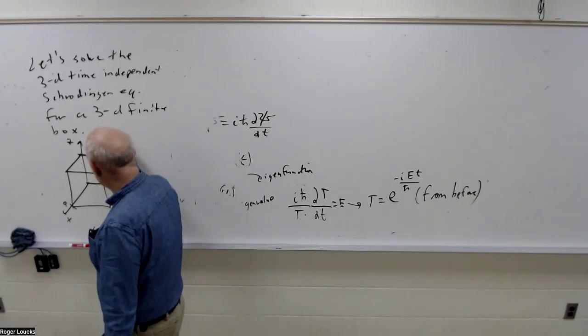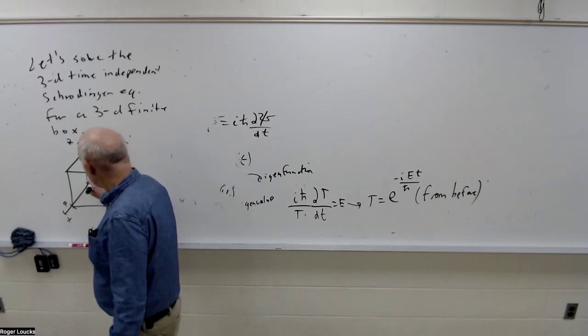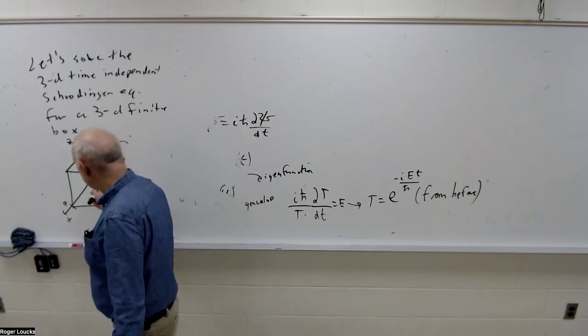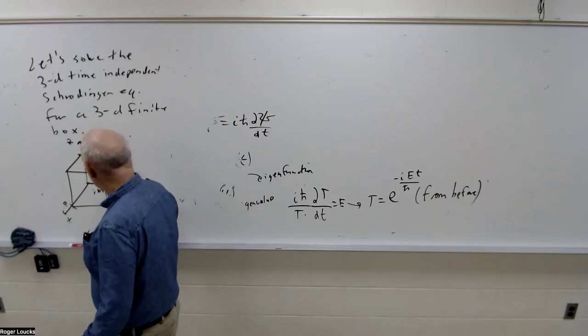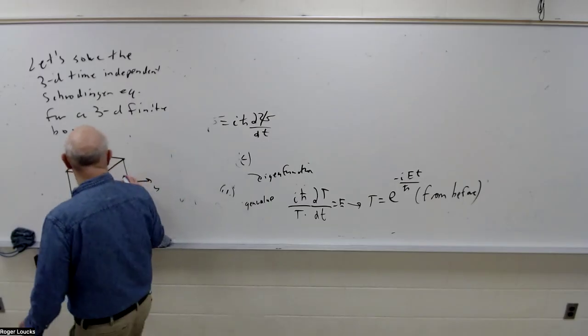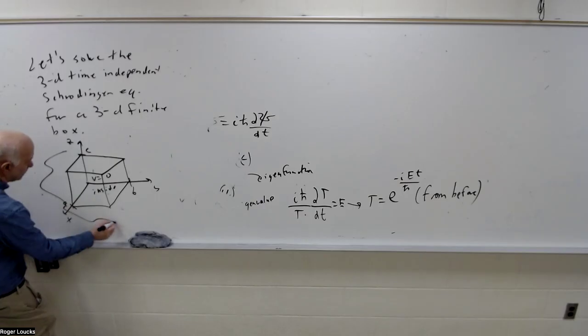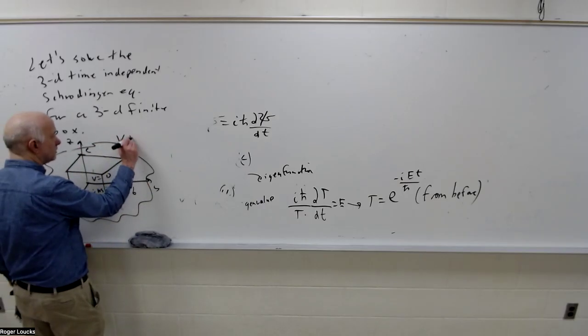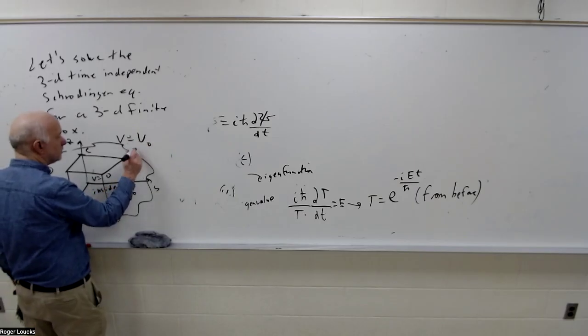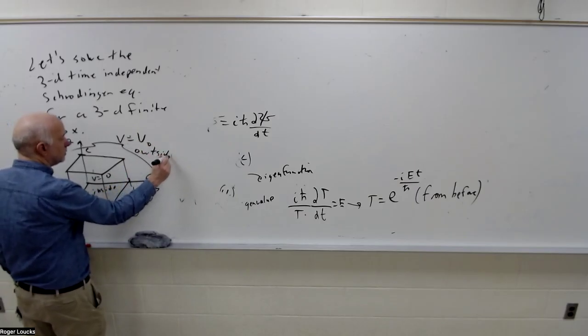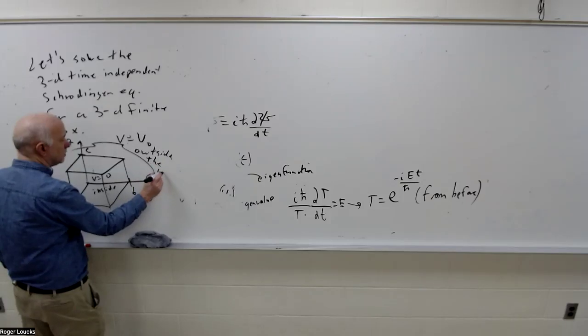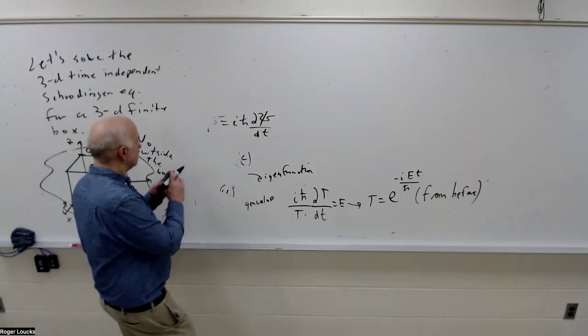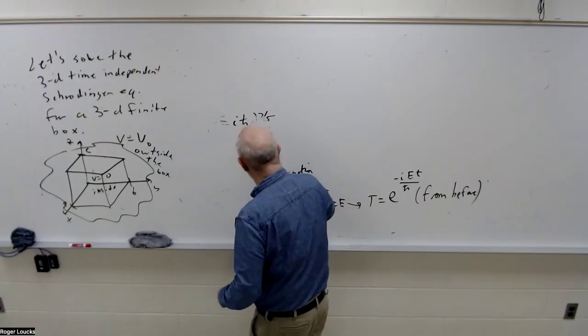I'm going to say V inside is 0. And then I'm going to say the V all outside here is going to be a constant. So this is the 3D version.